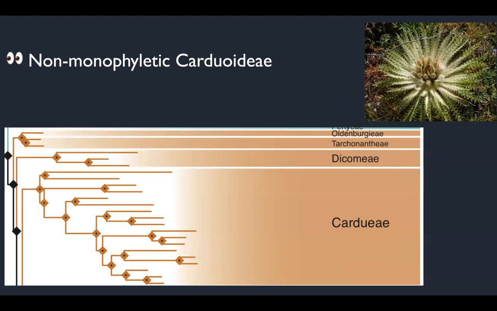Something else that I already mentioned was that there was a non-monophyletic Cardioideae. The Oldenburgieae, Tarchonantheae, Dicomeae, sometimes called the African Mutisieae, diverged and were sister to basically the rest of Cardueae, so a non-monophyletic Cardioideae there.